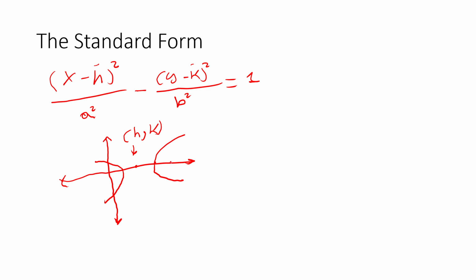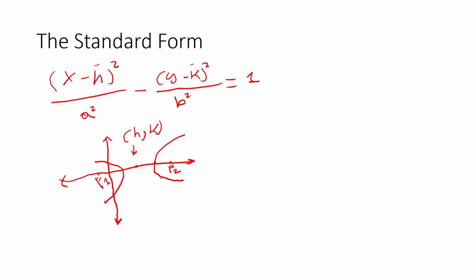Now let's call this point the focus of this part of the hyperbola, and this point focus 1. So we have multiple parameters here that we need to define.